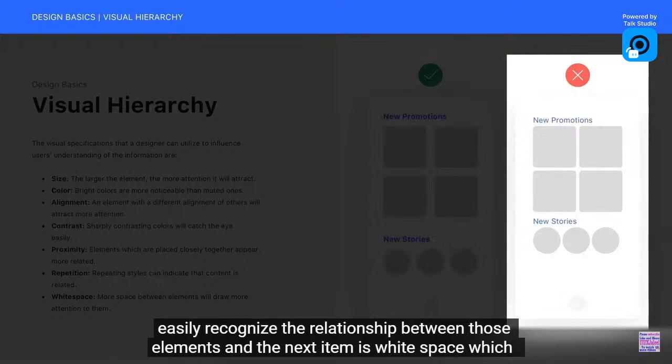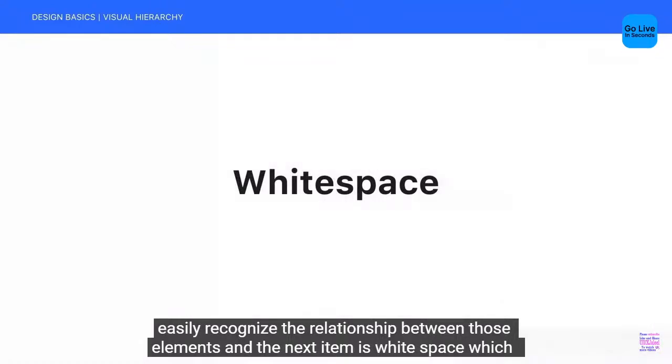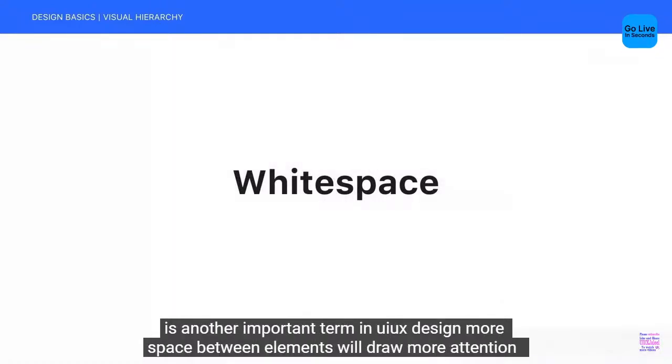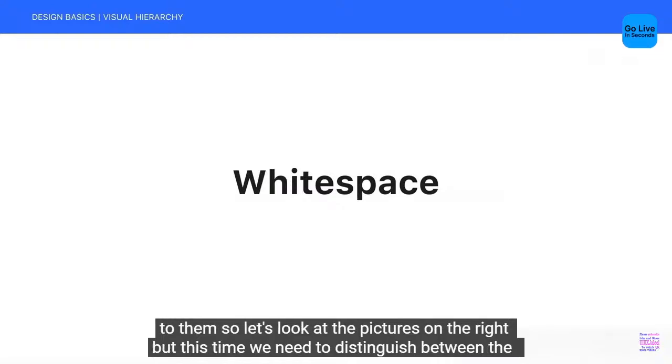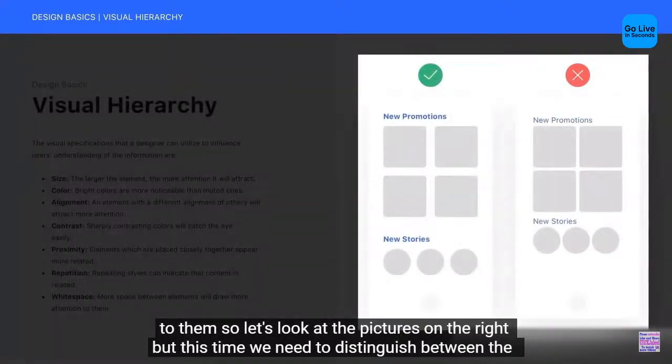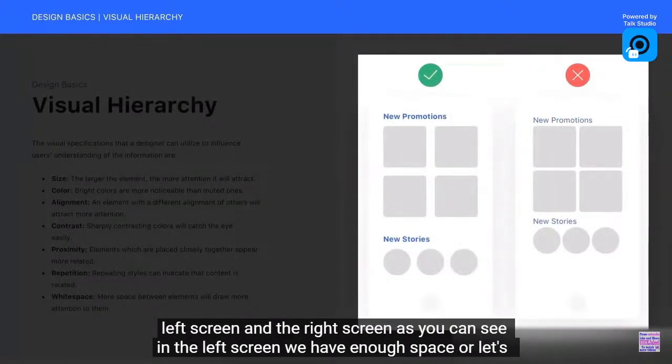And the next item is white space, which is another important term in UI/UX design. More space between elements will draw more attention to them. So let's look at the pictures on the right, but this time we need to distinguish between the left screen and the right screen.